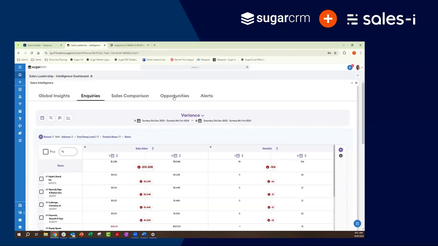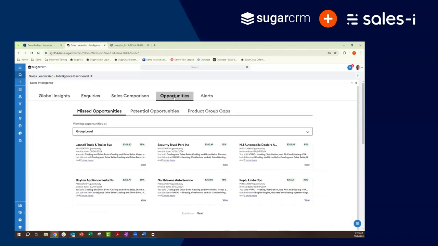And then similar to, again, as a holistic view, as a sales leader, I can also have access to those missed opportunities. Now, I know from a manufacturing standpoint, you might look more at group level sales versus distribution might look more at item level sales.